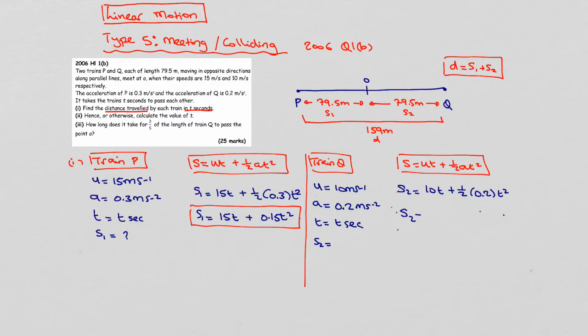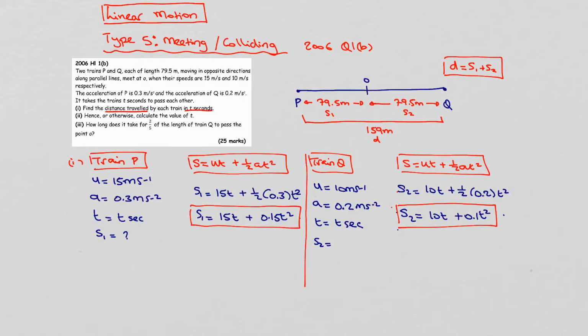So of course, if I simplify that, S2 will be equal to 10t plus 0.1 t squared. So that allows us to find at any stage in the journey the distance travelled by either train P or train Q. So that is part 1 done.